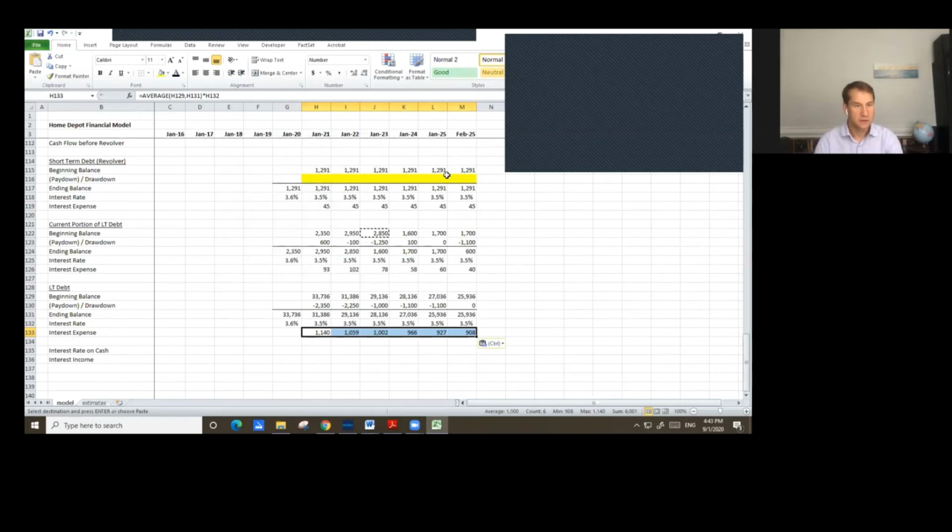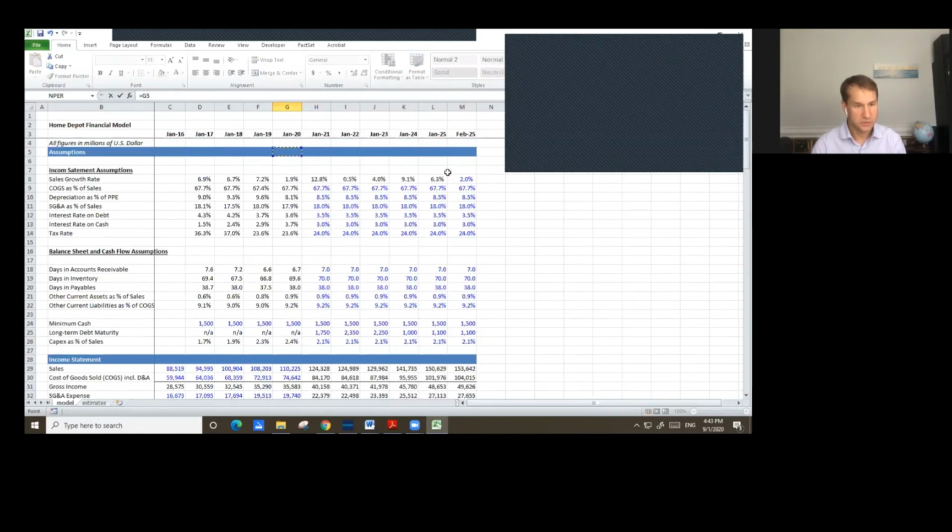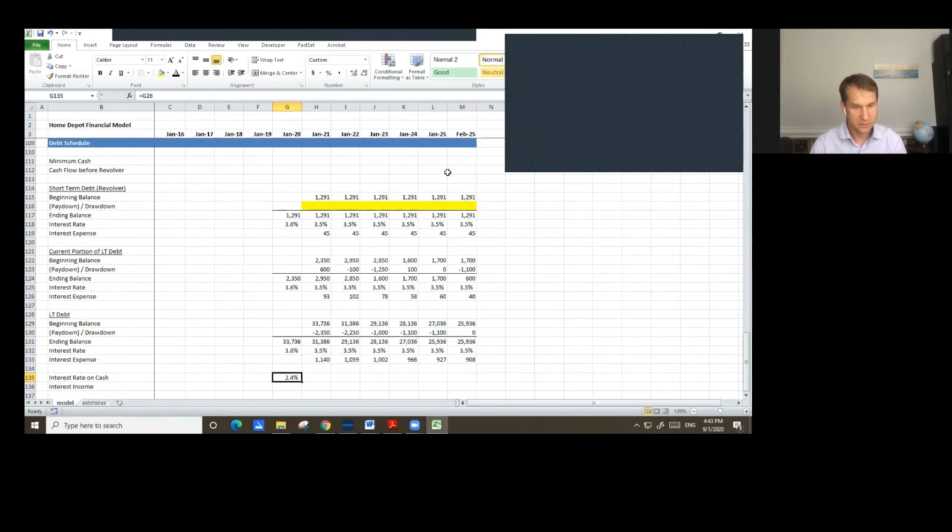So we've got interest expense calculated, interest rate on cash. I'll take it from assumptions, 2.4% in fiscal 2019.